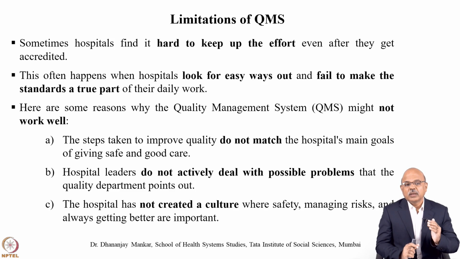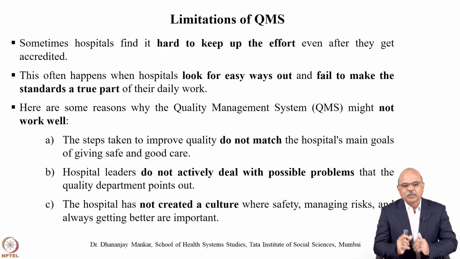The reasons can be: the steps taken to improve quality do not match the hospital's main goals of giving safer and good care. The hospital might expect more, whereas the established system on quality is not well fit for that. Hospital leaders do not actively deal with possible problems that the quality department points out.